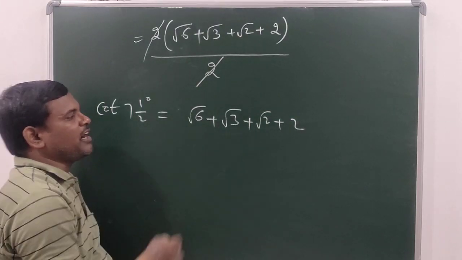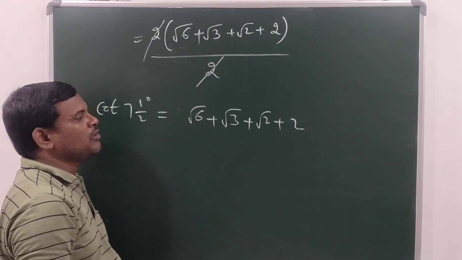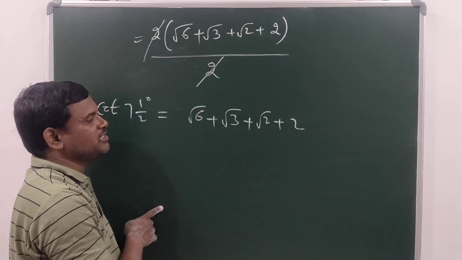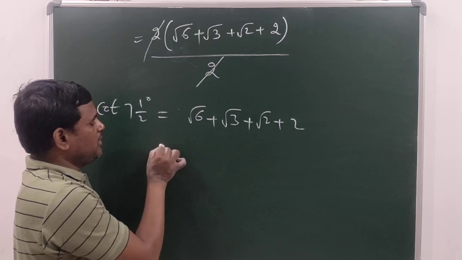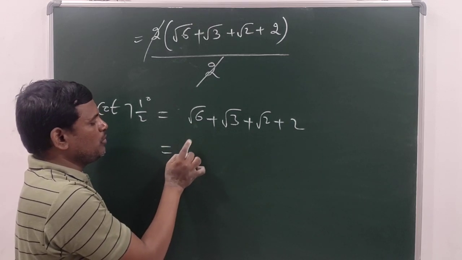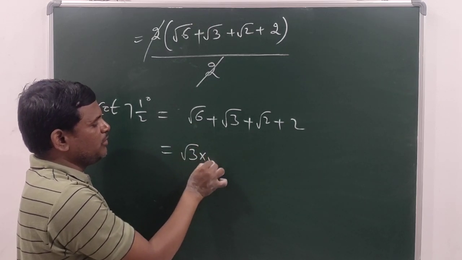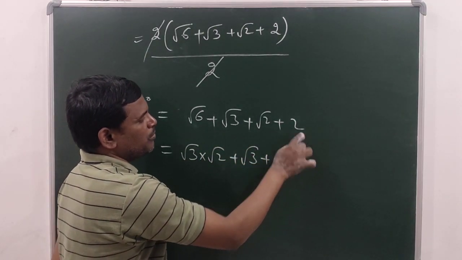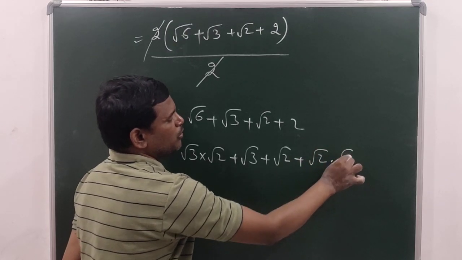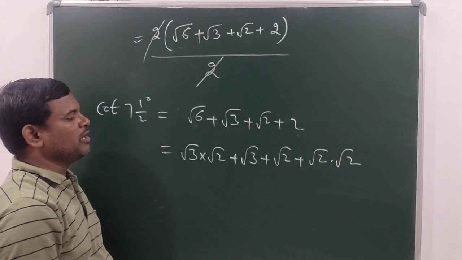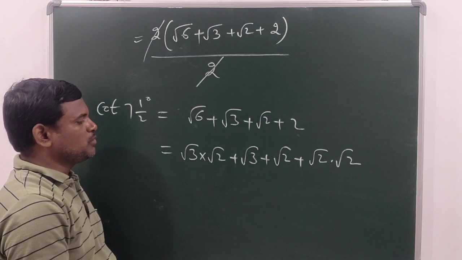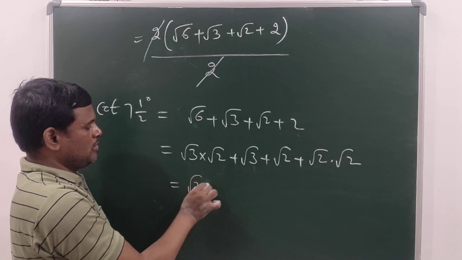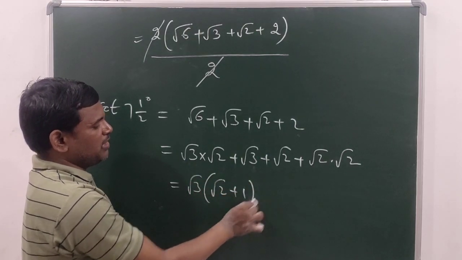Still you can factorize. How? Students, observe me, this one you can still factorize. See what I am doing. Root 6, I would like to write root 3 into root 2, and here root 3, here root 2, plus this 2 I would like to write root 2 into root 2. From these two I would like to take root 3 common, so here root 2 plus 1 will be left.